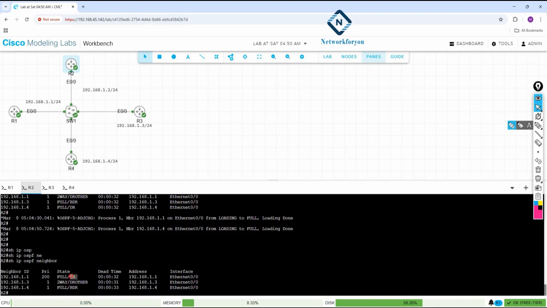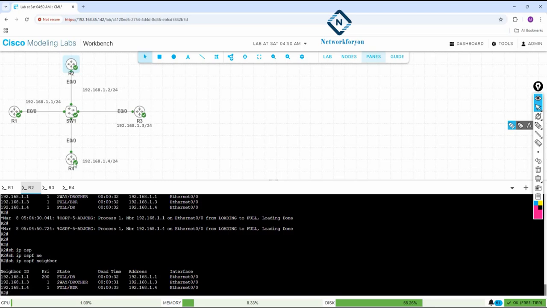First they will check the priority. Whoever has high priority, even with a low router ID, that one will become the DR. So you can see here this one became the DR, and after that all are having the same priority, so the highest router ID is this one, so that one became the BDR.